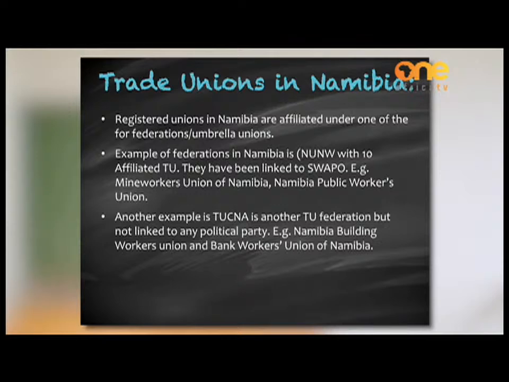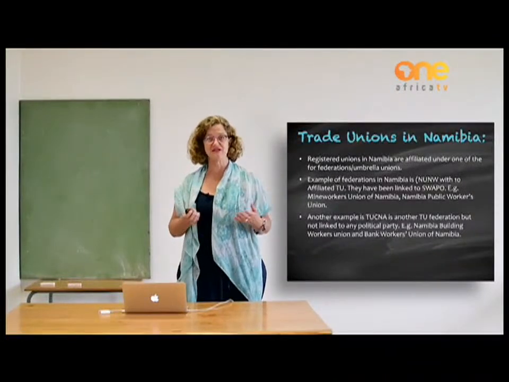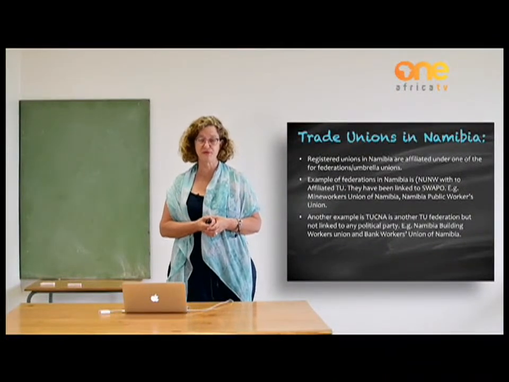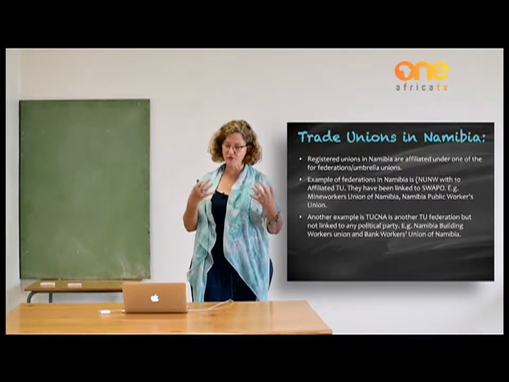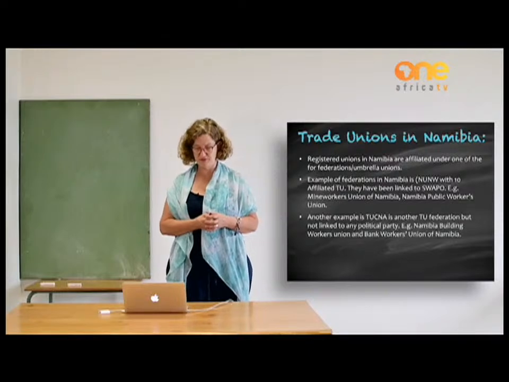There's also another well-known federation, which is TUCNA, and this trade union is mostly for workers in the building industries or bank workers and so forth. So that is an example of what an umbrella union is, and the 2 most important umbrella unions that act on behalf of the other unions in Namibia.